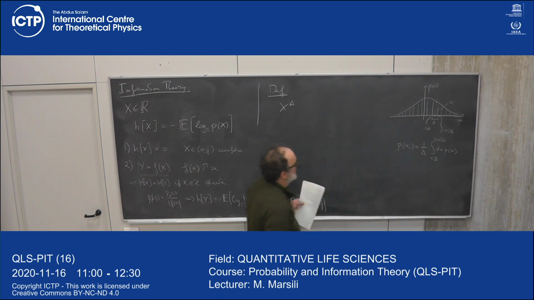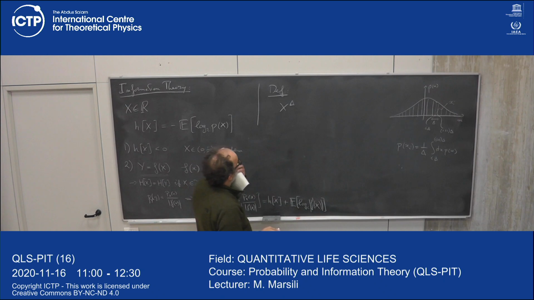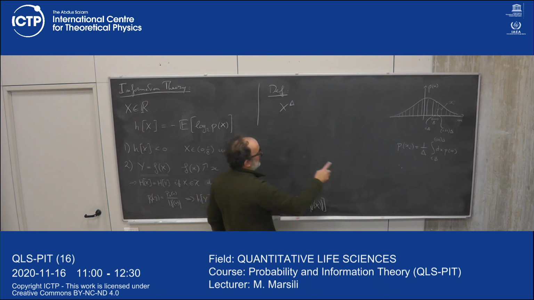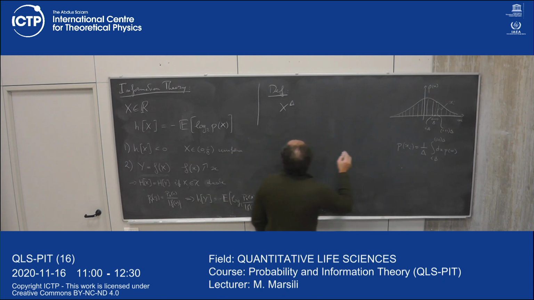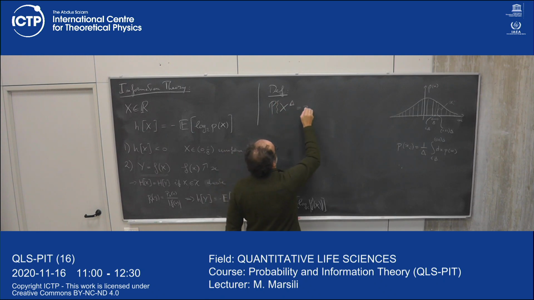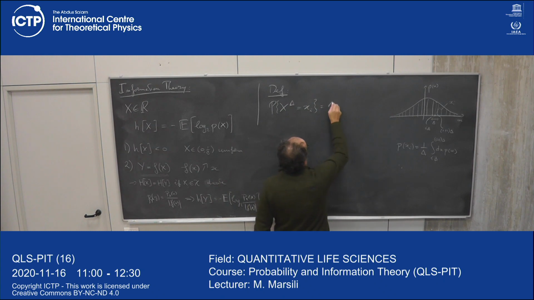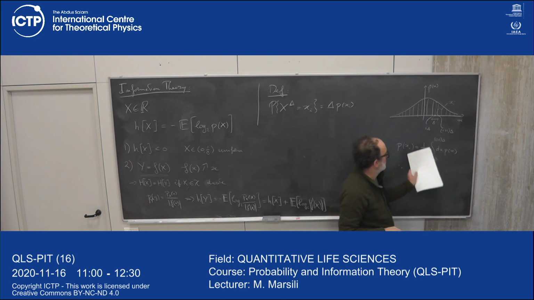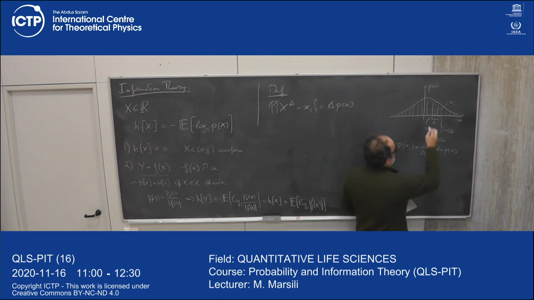Okay? So then we define a random variable x which takes value on this xi, and we say that the probability that x delta is equal to xi is equal to delta times p of xi, or which is equivalent, the integral is this probability here.